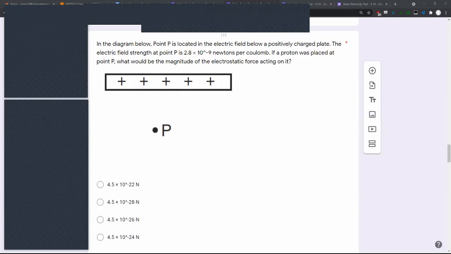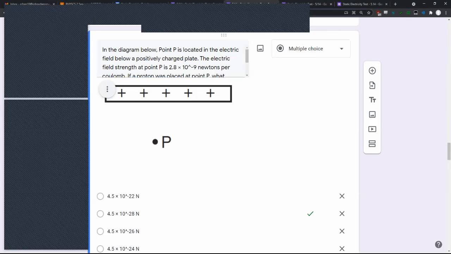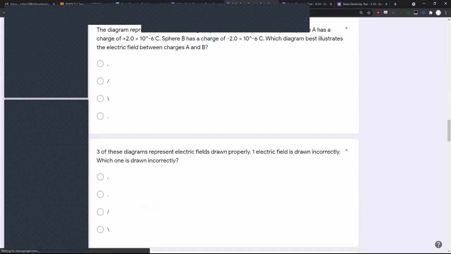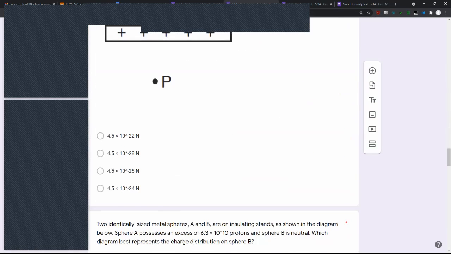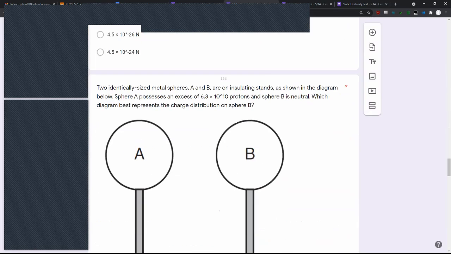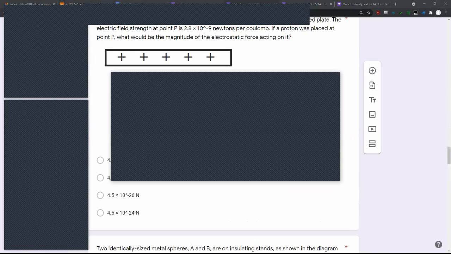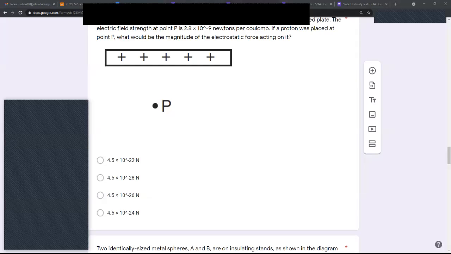You can't see, it's all blurry for you. Maybe it's my internet connection. Is it blurry for you guys? It's a little blurry. What are the problems with using school internet?